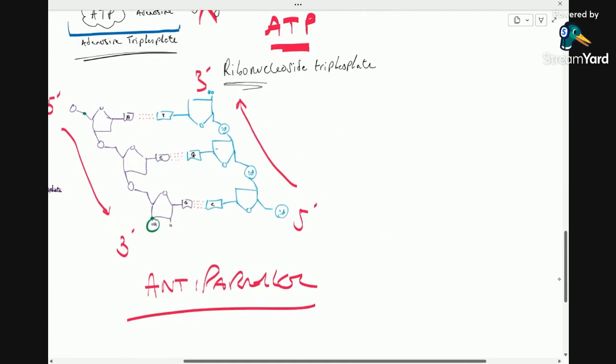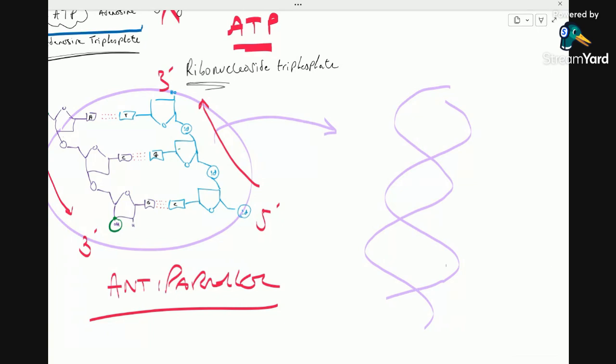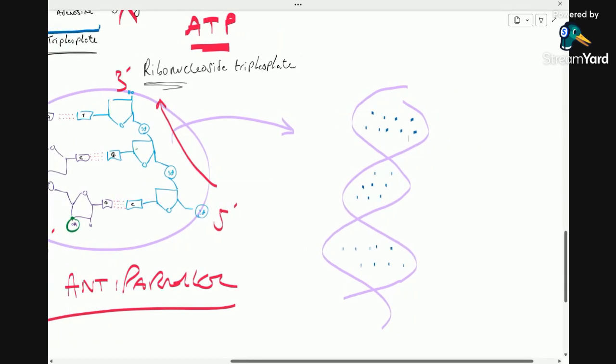Of course, this whole structure here, when you've come across it, we sort of draw it like this as a double helix, maybe with the hydrogen bonds like that. Sometimes you might see the bases stuck out in the middle as well, or rungs of the ladder, but the purple lines here are what we call the sugar phosphate backbone.